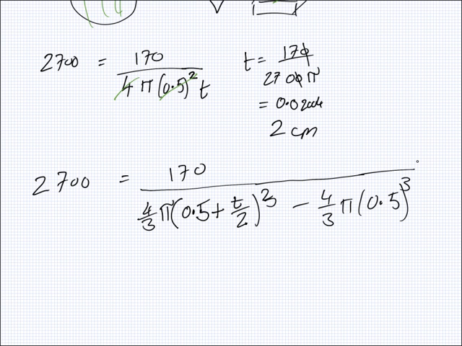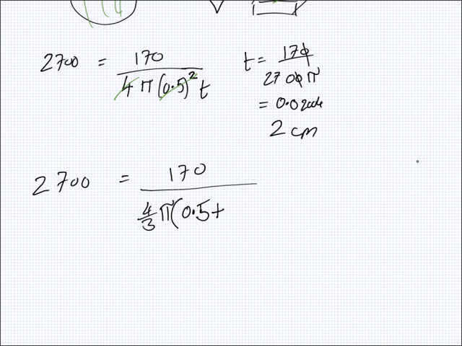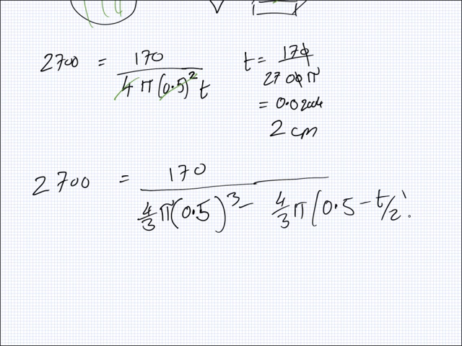It says it's the external diameter. So the 0.5 is the outside one. So you need the x for the small half of the diameter, and it will be difficult. Only minus 0.2, yeah. So it should be like this.